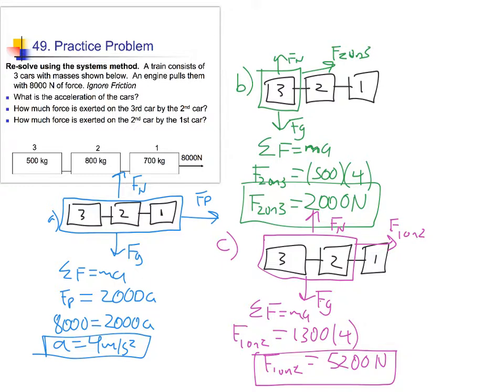One really important point that I think was emphasized nicely here is you can pick and choose what you want to be your system. You don't necessarily have to pick all of the objects in the problem if it doesn't benefit you. Sometimes you will pick all of them like we did for our first one. Other times we might just pick a single object or two objects and use the forces acting on them to find whatever we need to find.